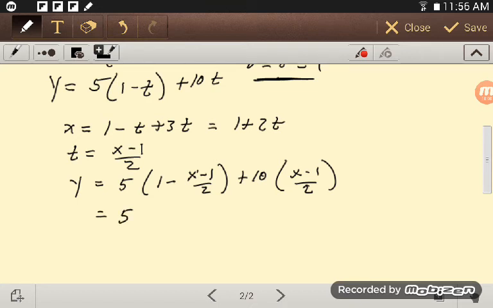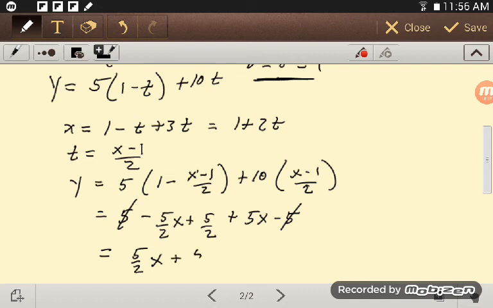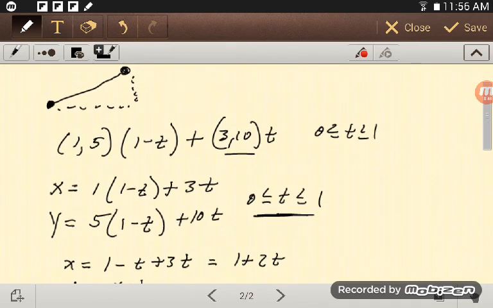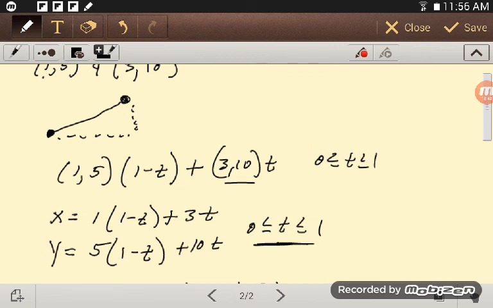I can write this out, so 5 minus 5 halves x plus 5 halves, and then plus 5x and minus 5. So let's see, 5 minus 5, those go away, and so I get 5 halves x plus 5 halves. Linear, right? y equals mx plus b. So this is another way to do each piece.